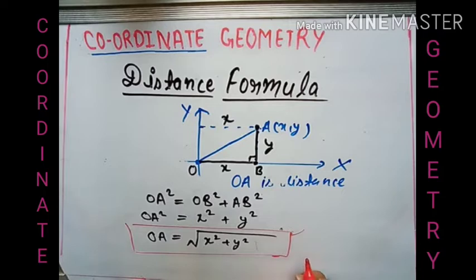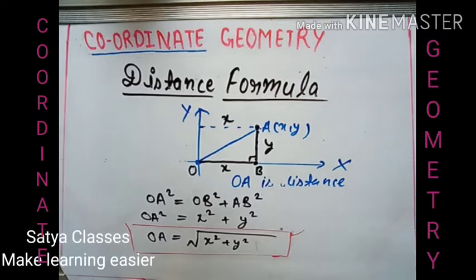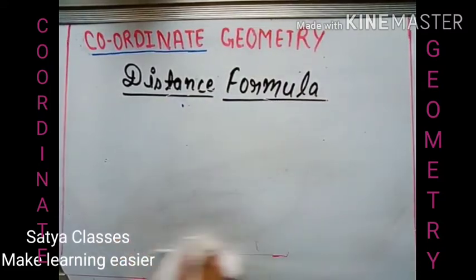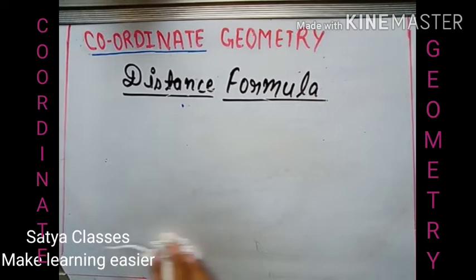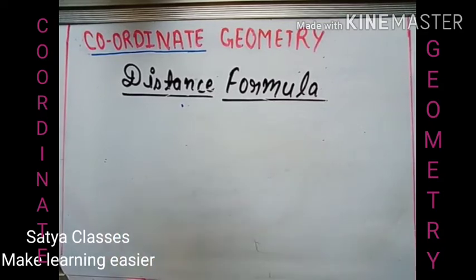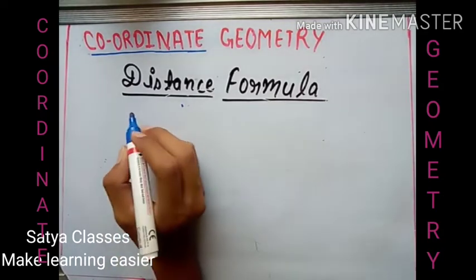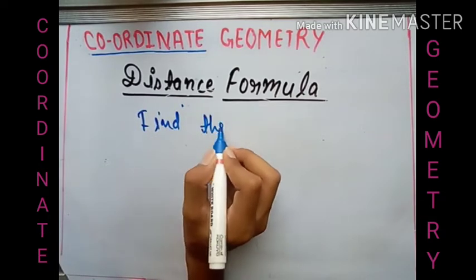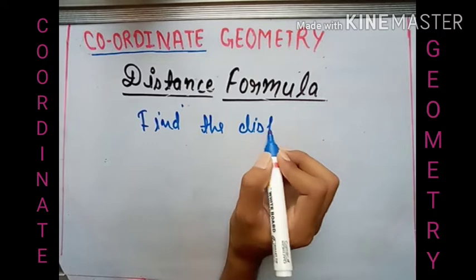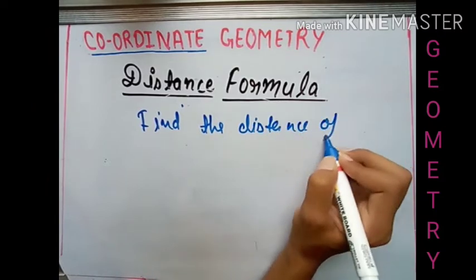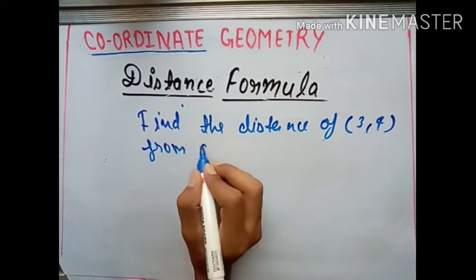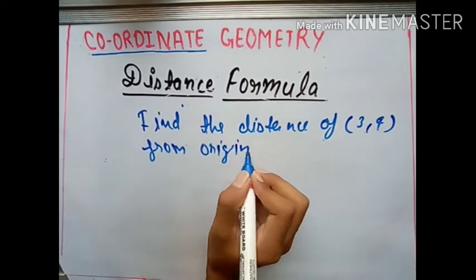Now let me solve a question based on this quickly. Look, you have to find the distance of the point 3, 4 from the origin.